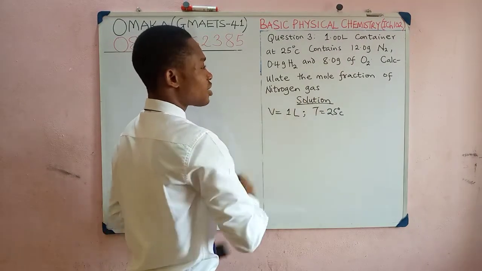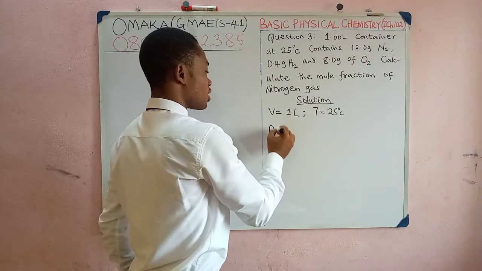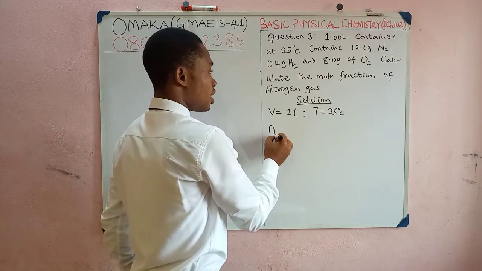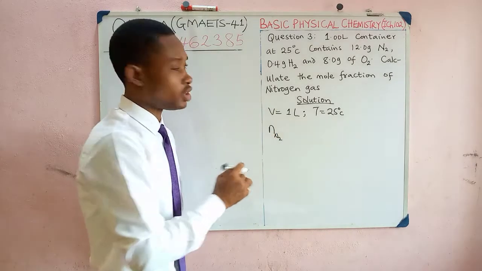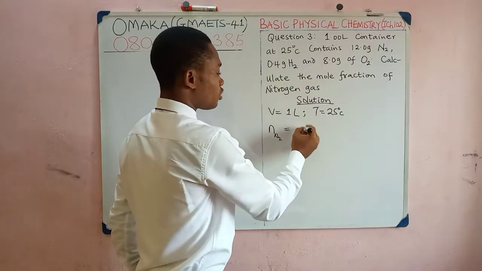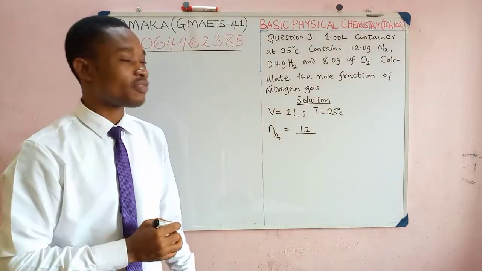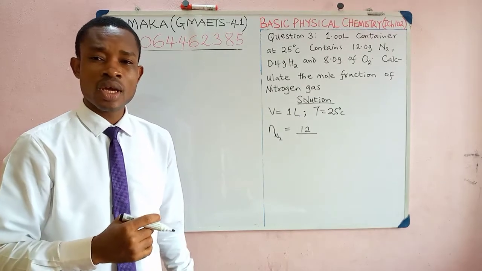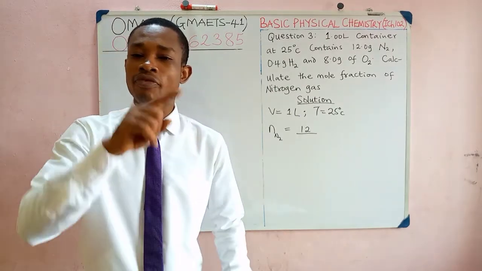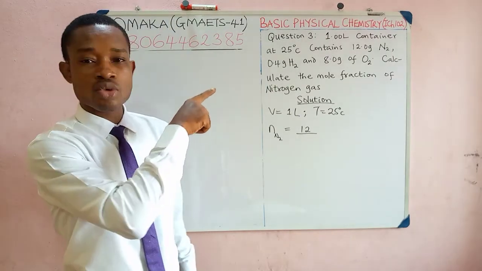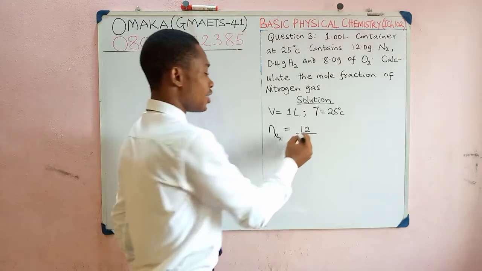For nitrogen gas, the number of moles of N2 is going to be the mass of nitrogen, which is 12, divided by the molar mass, or molecular weight, of nitrogen. Relative atomic mass of nitrogen is 14. That is N2 there, so you multiply it by 2 to get 28.